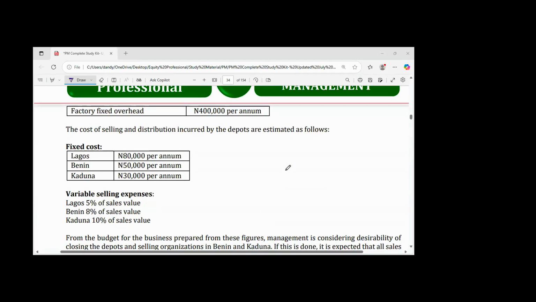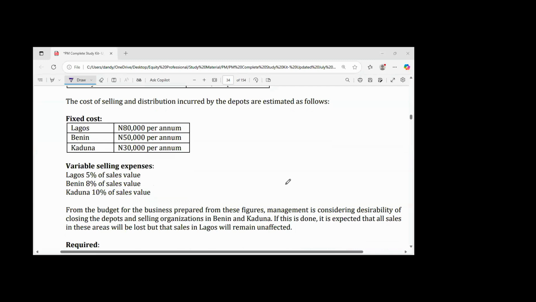The cost of selling and distribution incurred by the depot are estimated as follows: fixed costs, Lagos, 80,000 per annum; Benin, 50,000 per annum; Kaduna, 30,000 per annum. Variable selling expenses, Lagos, 5% of sales value; Benin, 8% of sales value; Kaduna, 10% of sales value. From the budget for the business prepared from these figures, management is considering the desirability of closing the depots and selling organizations in Benin and Kaduna.